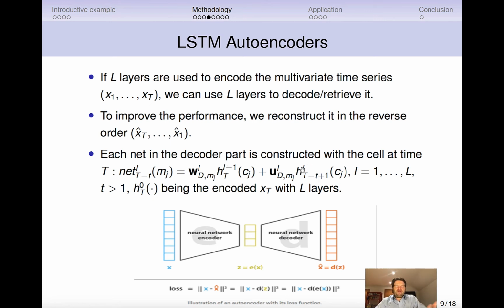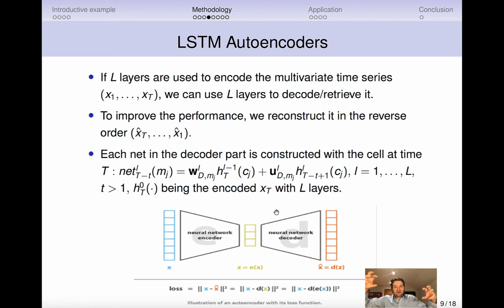And here we have possibly L layers, therefore we can extend it by saying, okay, the net at layer L is the net for the encoded but already decoded data up to L minus 1, a combination of this, and here not exactly the decoded data at time t minus t plus 1, but the pre-decoded data, that means the data that has passed through layers up to layer L.